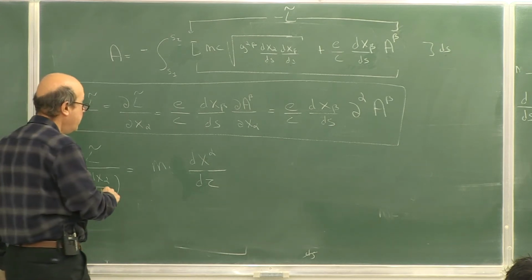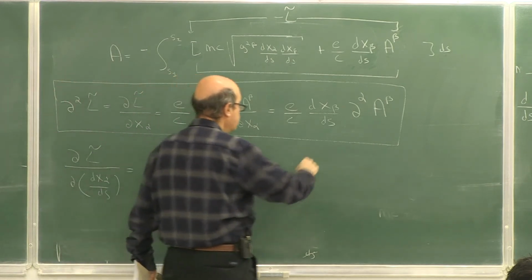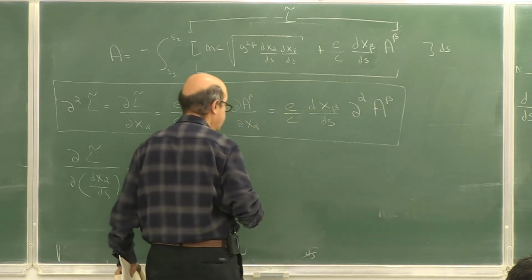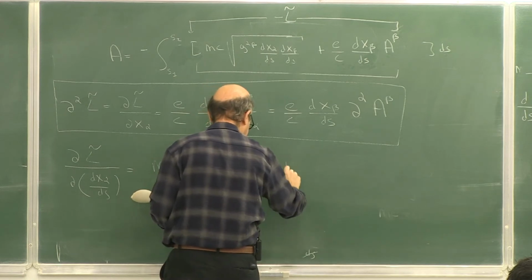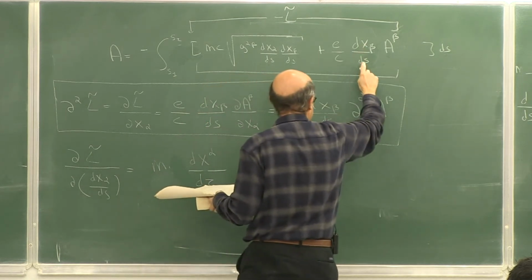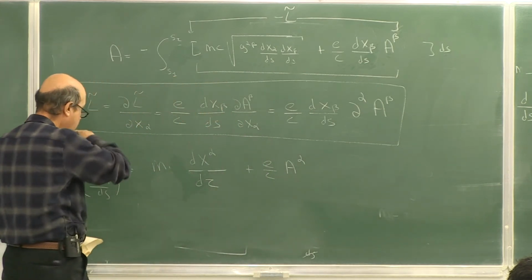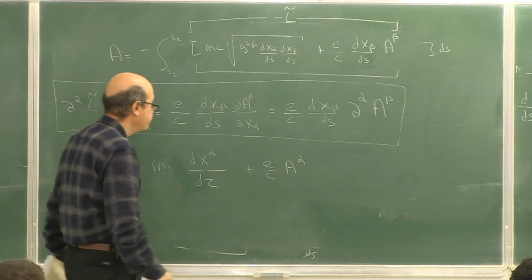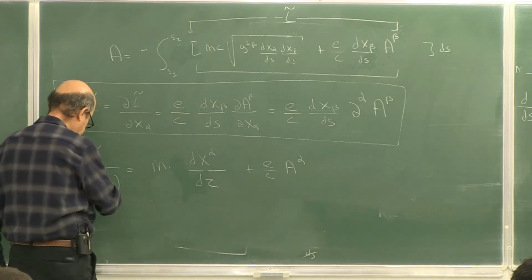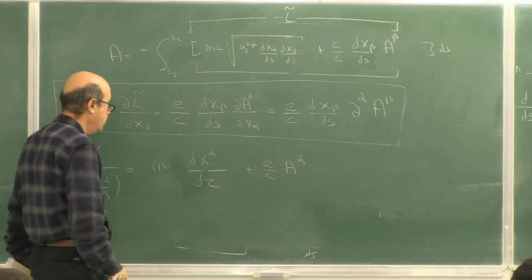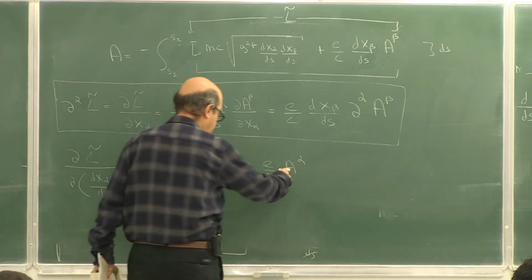For the second part, if you take the derivative of the second part of the Lagrangian with respect to the velocity, you will end up with e over c A alpha. Basically here beta is the index. If you take the derivative with respect to alpha, you will have the Kronecker delta alpha beta, times A beta, and if you contract through the beta index, the free index will be alpha.